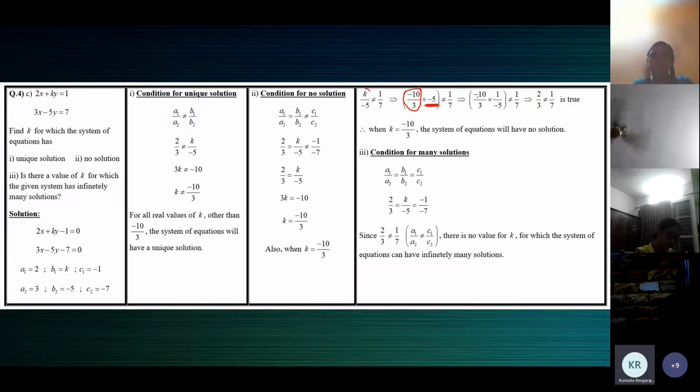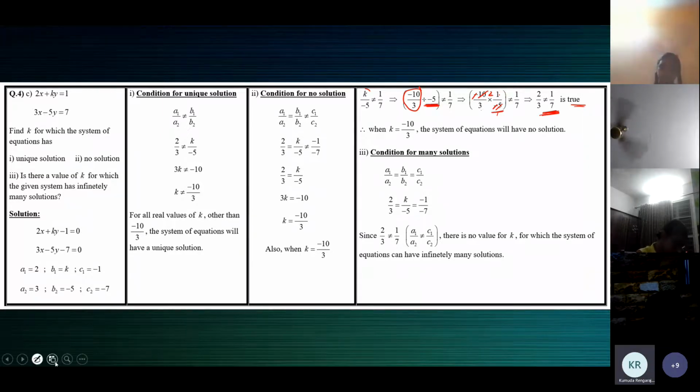Division becomes multiplication, and the reciprocal of minus 5 is 1 by 5. So minus 10 by 3 into 1 by 5 is not equal to 1 by 7. Minus and minus cancel, 5 ones are 5, 5 twos are 10, so you get 2 by 3 is not equal to 1 by 7, which is true.